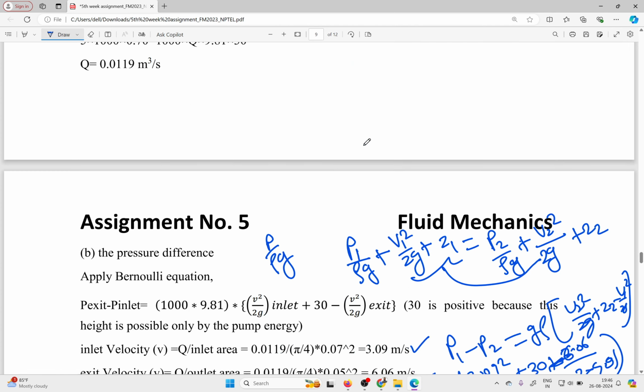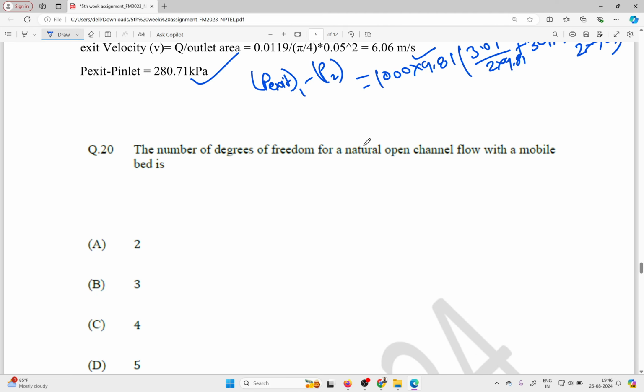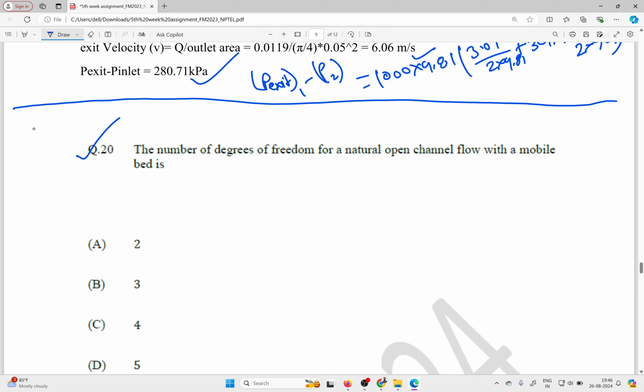Now we'll move ahead to the next question. The next question is about the number of degrees of freedom. This question is from GATE 2024, not related to week number 5. The number of degrees of freedom for natural open channel flow with a mobile bed: will it be 2, 3, 4, or 5?